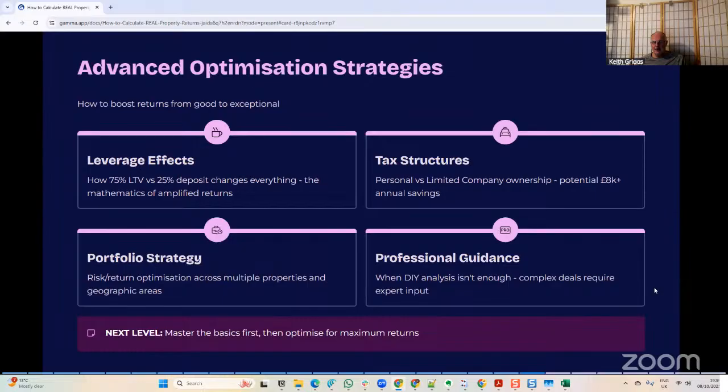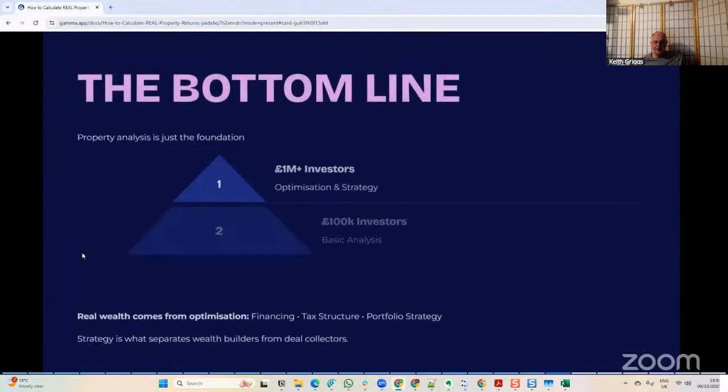Because of the numbers involved, especially over 5, 10, 15, 20 years, which is how you should be thinking about your property portfolio wealth building, it's very important to get everything set up properly at the start and to grow things in the most optimal way, because even getting something slightly better is going to have massive returns because of the compounding effect of time.